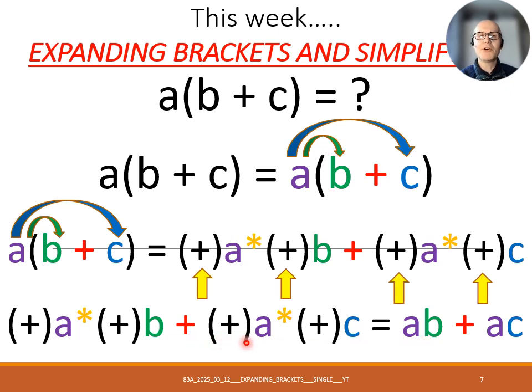And then positive A times positive C is positive AC. So A, open brackets, B plus C, close brackets. To expand those brackets, you end up with AB plus AC. So that's in short how we're going to work this out.